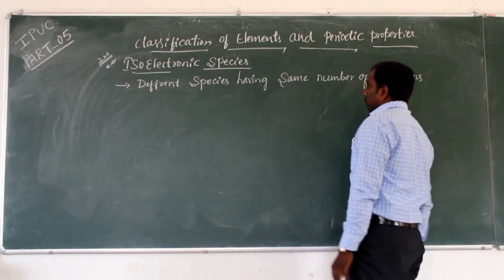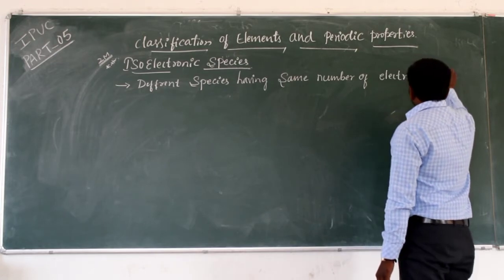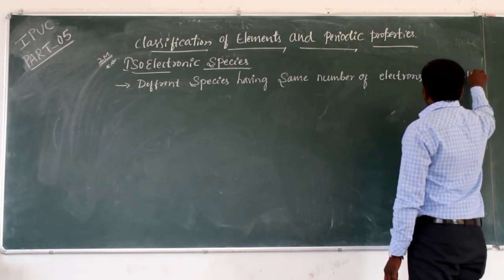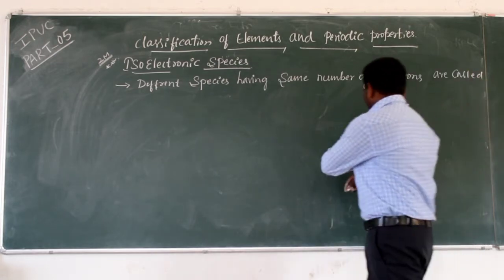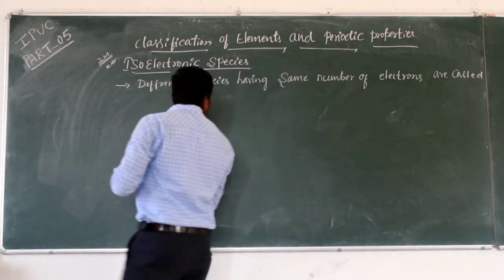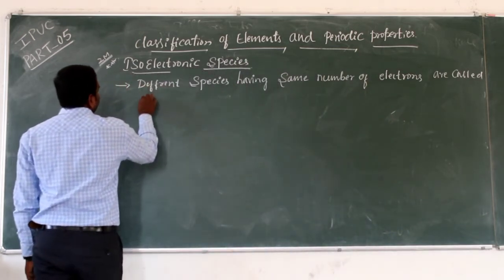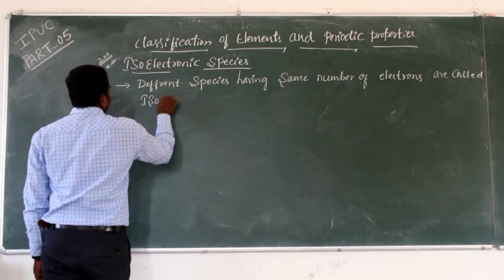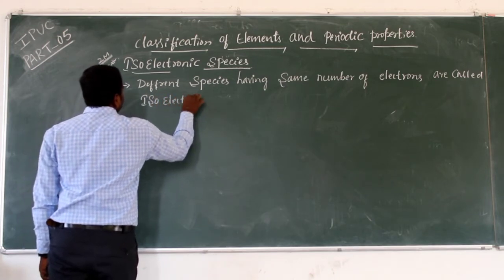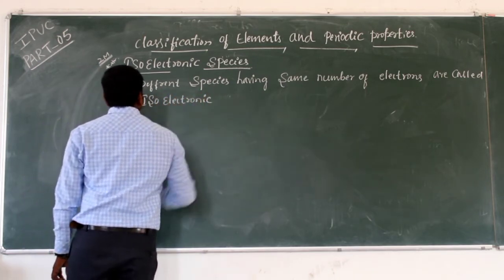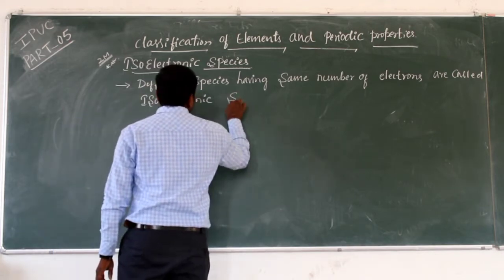Same number of electrons are called isoelectronic species.